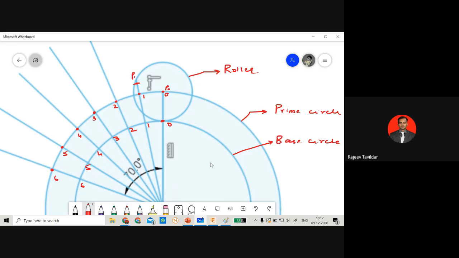Okay, I'll get P1. Similarly, from point 2, I'll measure the distance, cut the arc, and get P2. From point 3, I'll get P3. From point 4, I'll get P4. From point 5, I'll get P5. And from point 6, I'll get P6.